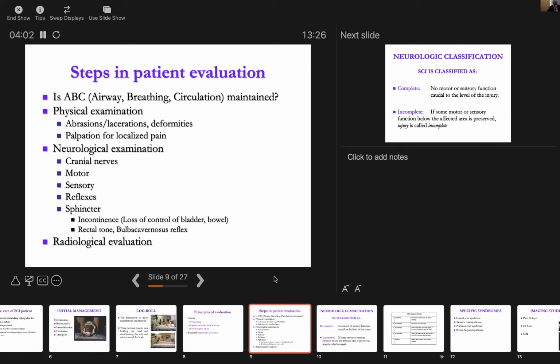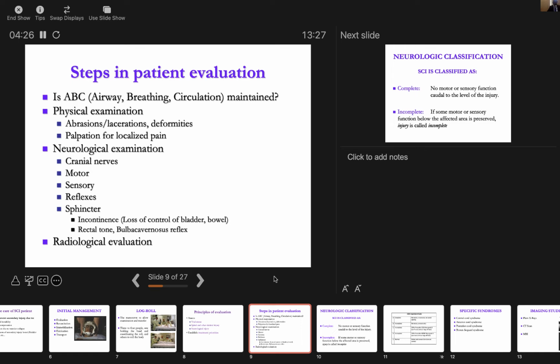Our steps are here. We need to first look at whether ABC, airway, breathing, circulation, is maintained. This is the most important and urgent one. No one can live without breathing, so airway is the first one, and then circulation follows.